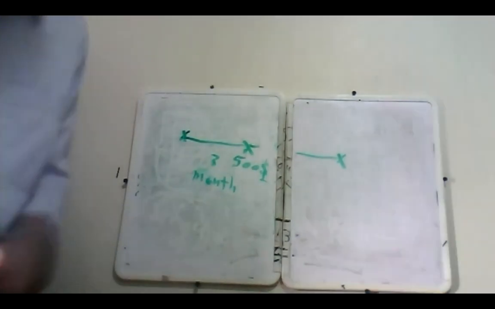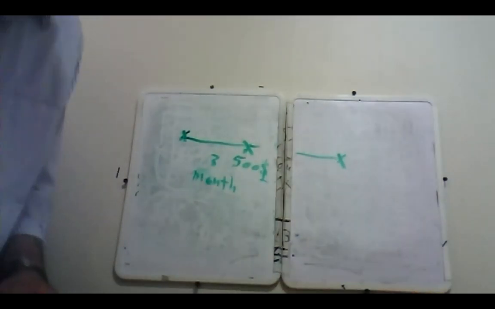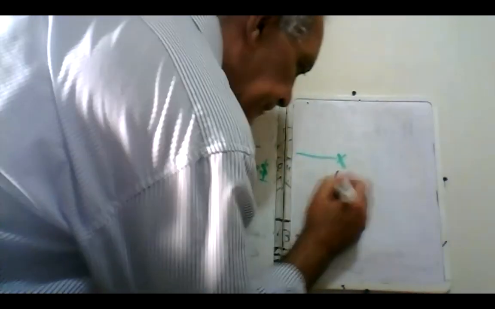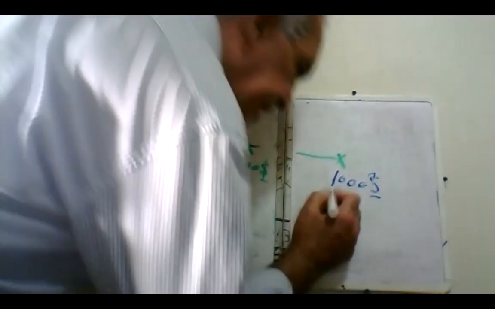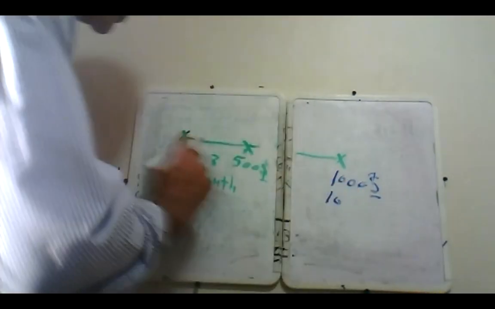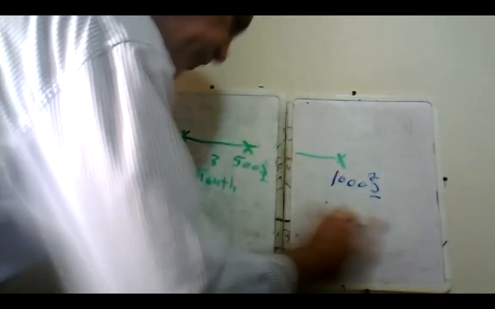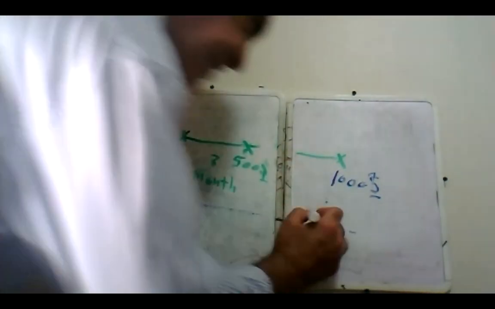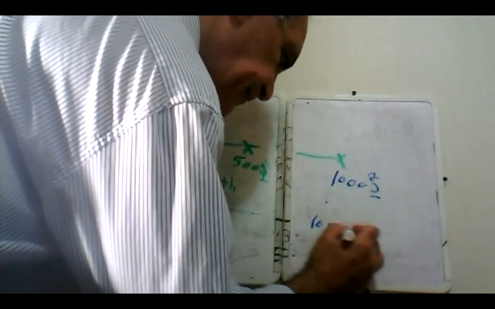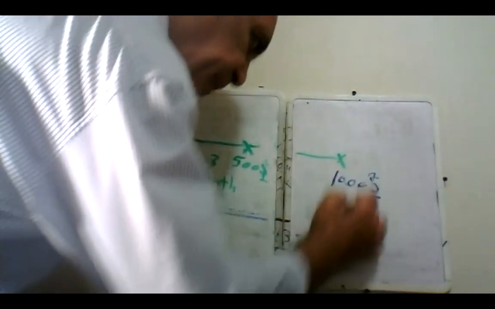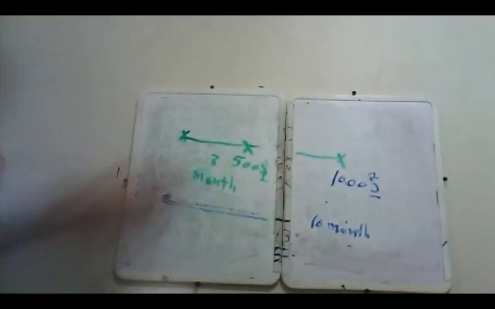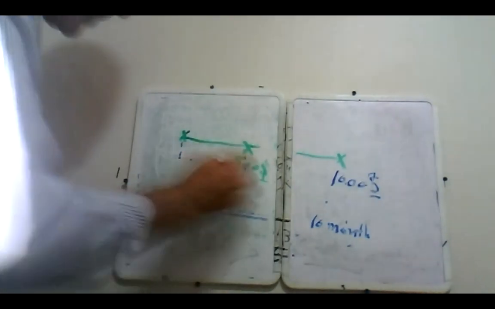And here, the second amount is, let's say, $1,000, and the time is 10 months. This is 3 months and this is 7 months from this. From the start till here, it's 10 months, and from the start till here, it's 3 months.